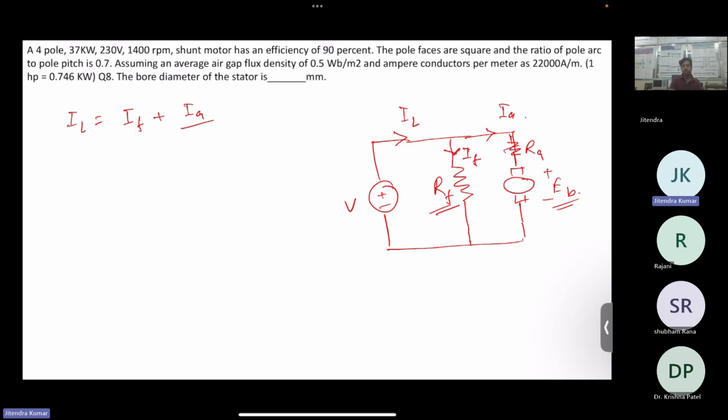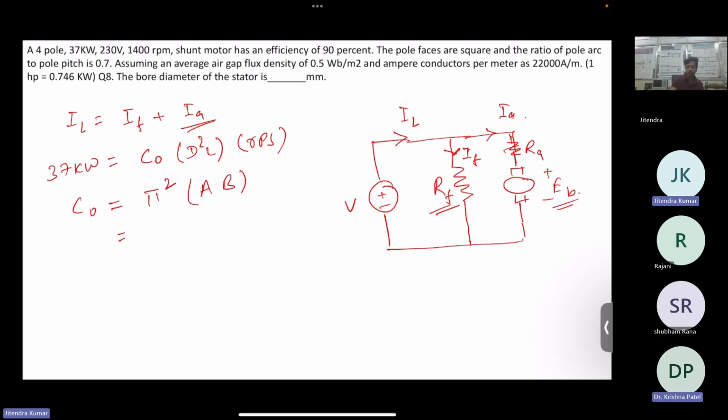Okay, so the first thing you should go ahead with is power equal to output coefficient into d square L into speed, right? Since you are given the power value, 37 kilowatt, that will be C naught into d square L into RPS. C naught will be equal to pi square into electric loading into magnetic loading.